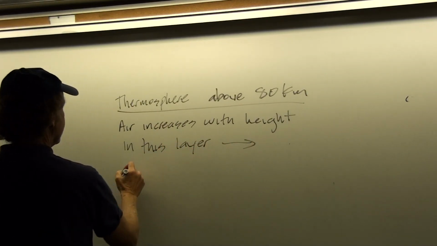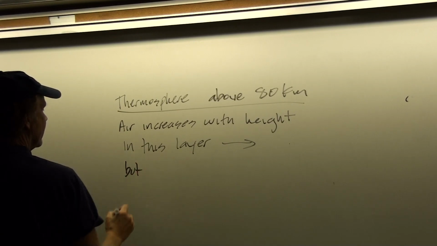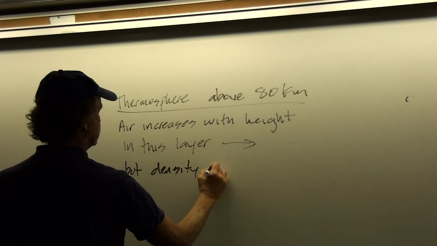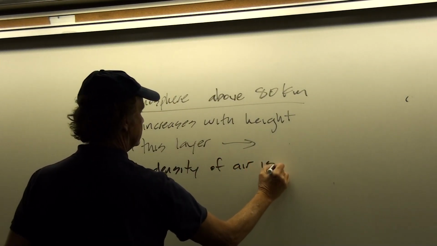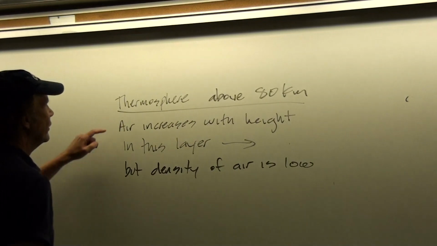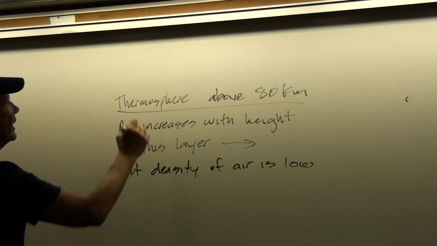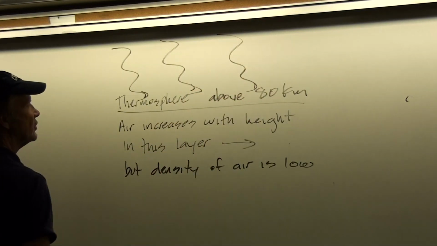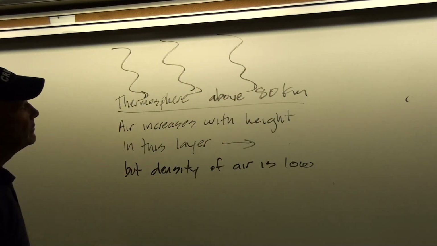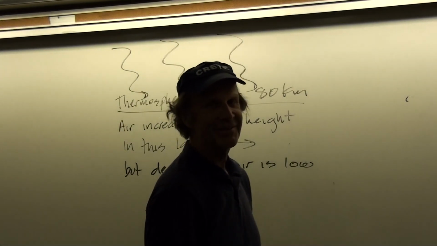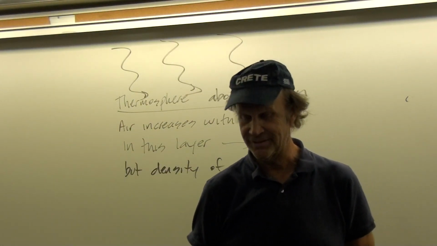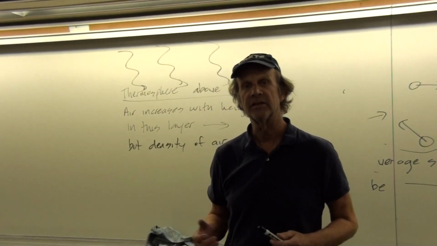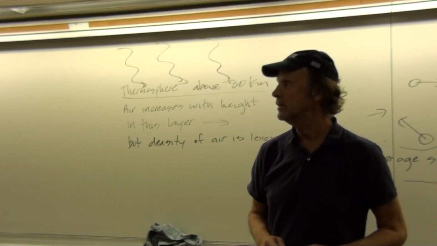The density of air is very low. So in other words, there aren't many air molecules. And so the thermosphere then is exposed directly to solar radiation. And so the temperature then goes up, but there aren't that many molecules to run into. So your definition for temperature isn't exactly what you would expect as being the same as your definition for how it would affect the human body, say, on the surface of the Earth.